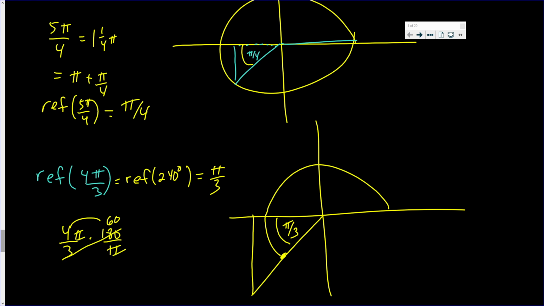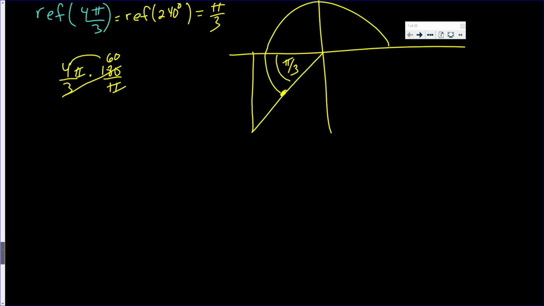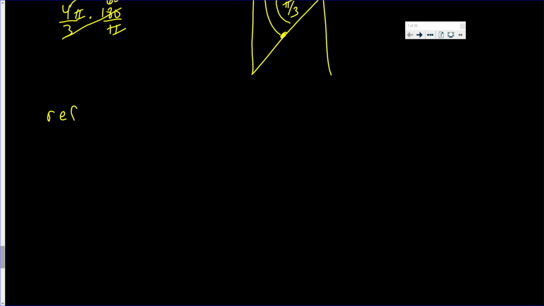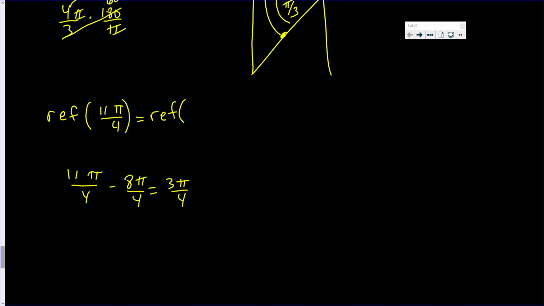Suppose you want the reference angle of 11 pi over 4. What is the reference angle of 11 pi over 4? Well, remember, if you go 2 pi, you're back to where you started from. That is, you can take away 2 pi, which I'll write that way so the denominators are the same. So we get 3 pi over 4, the same as the reference of 3 pi over 4.